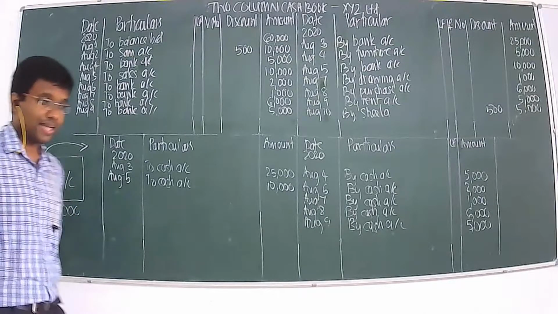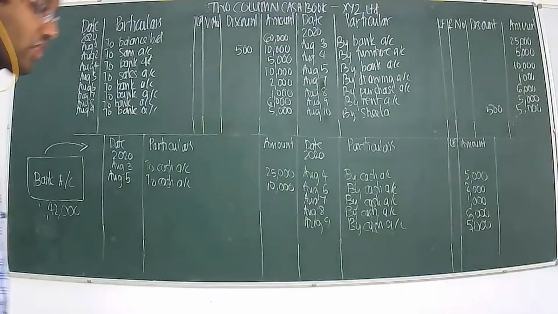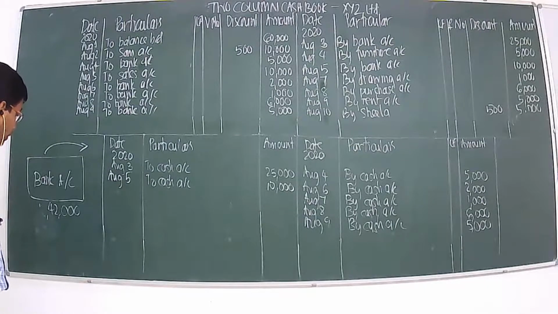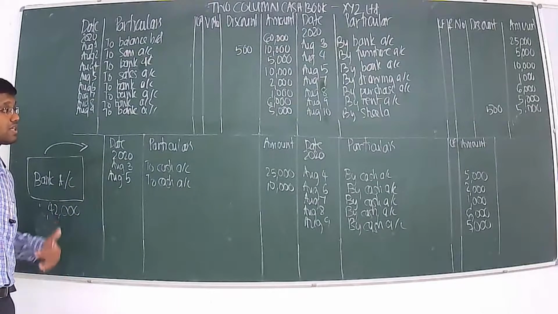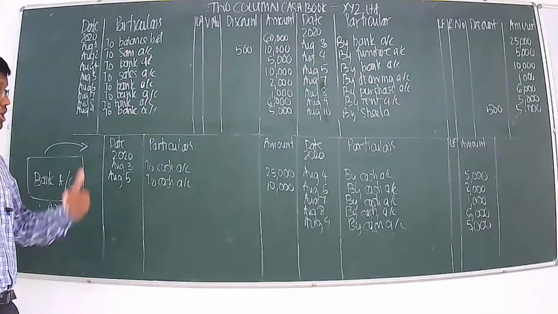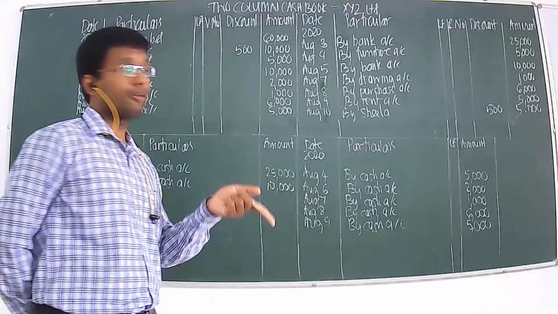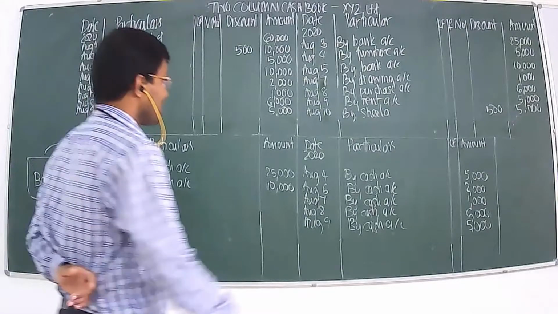Now, what is the transaction expected from me on 11th of August? Deposited in excess of 2,000. So from 42,000, how much is excess of 2,000? Excess of 2,000 is 40,000. So 40,000, I'm depositing into bank.